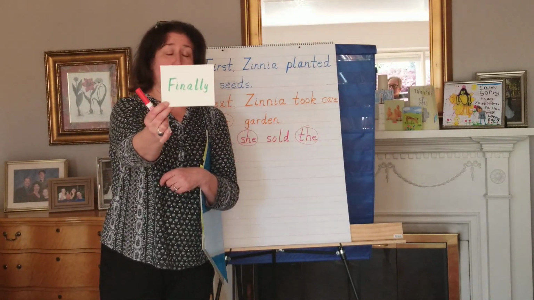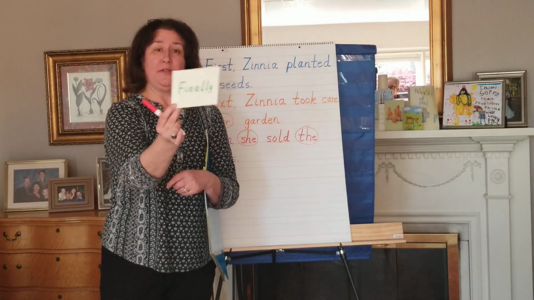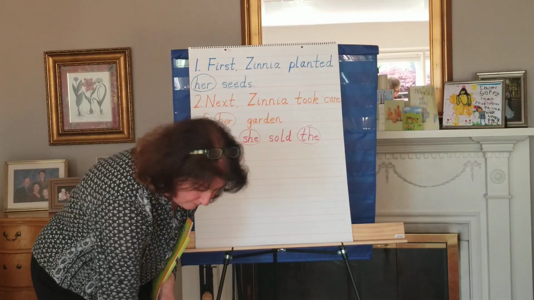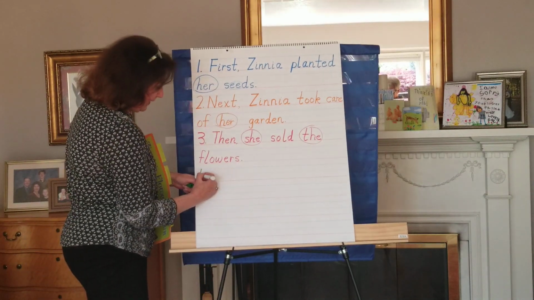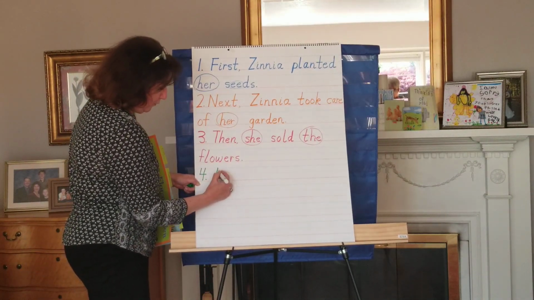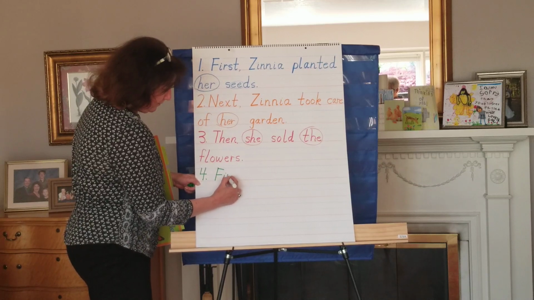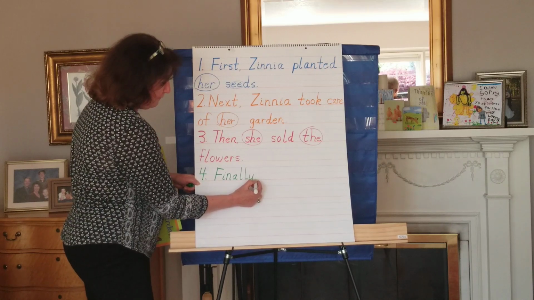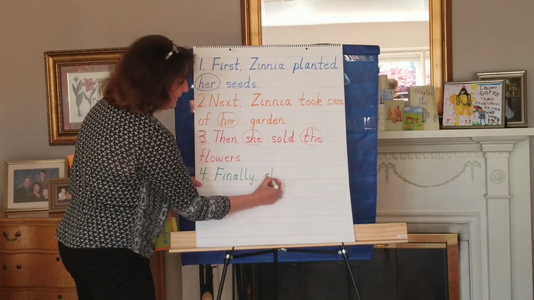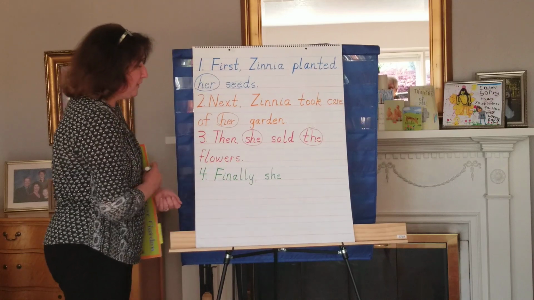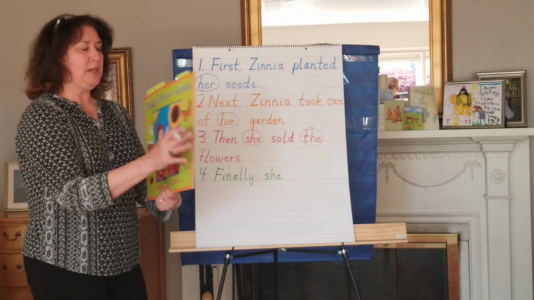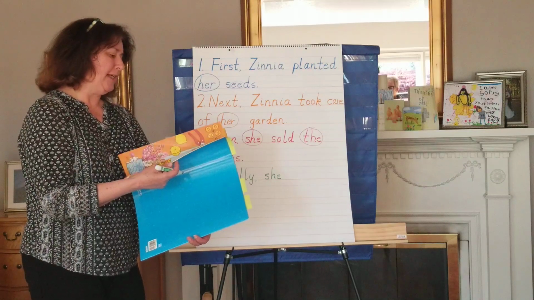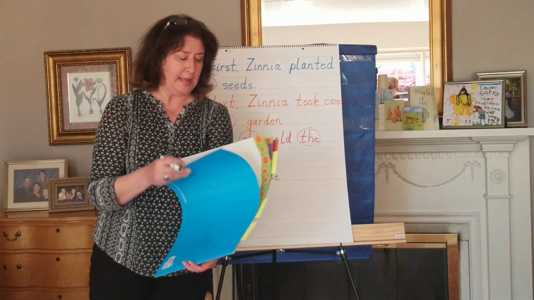And finally, what did she do? How did the story end? Well, finally, number 4, finally, she did what? At the very end of the story, after she had sold her flowers, what do we see Zinnia doing at the very end?